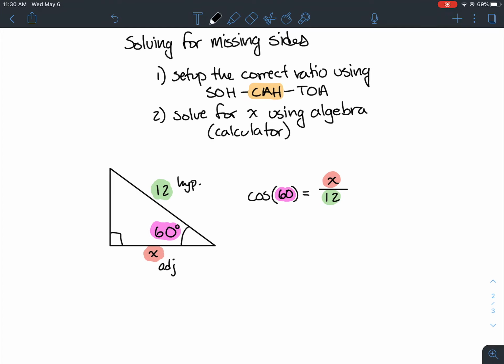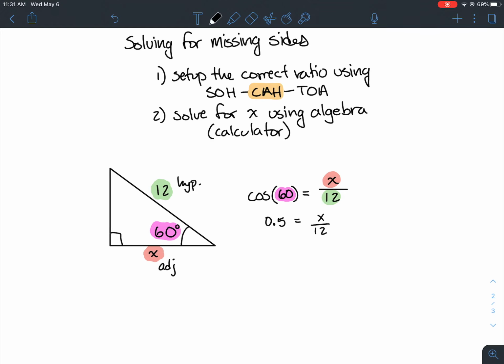Okay. So there it is. On my calculator, if I hit 60 and then hit cosine, I get 0.5. And that's equal to x divided by 12.